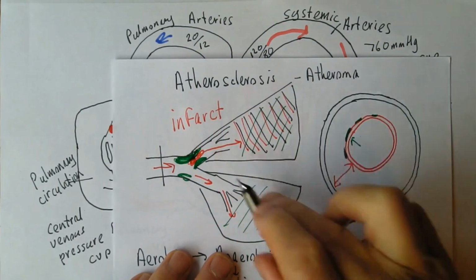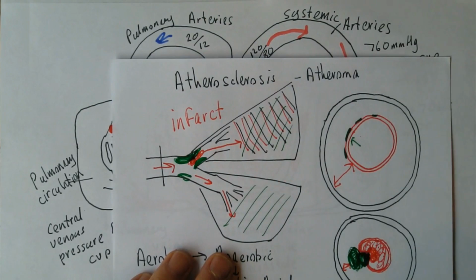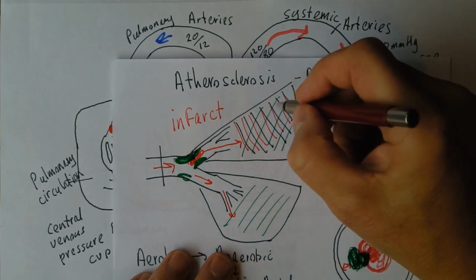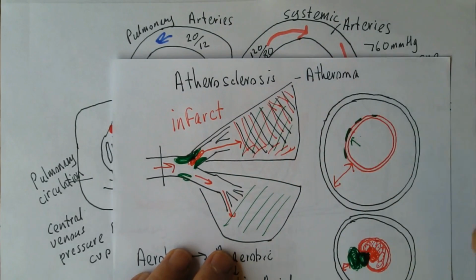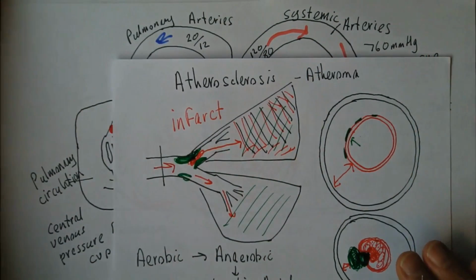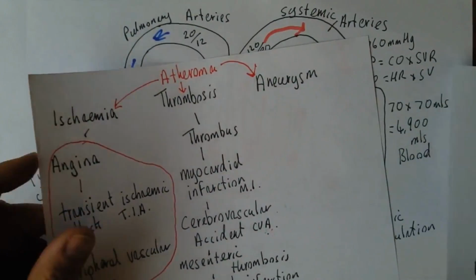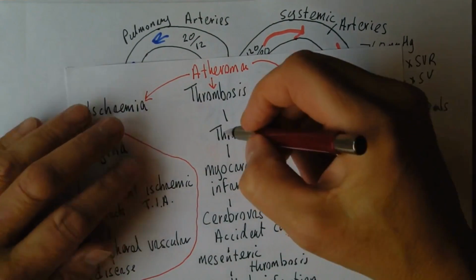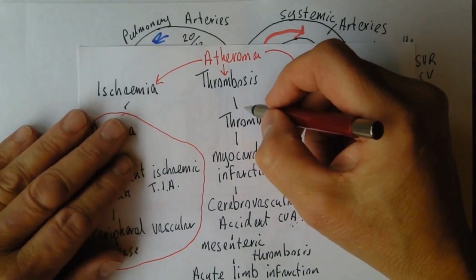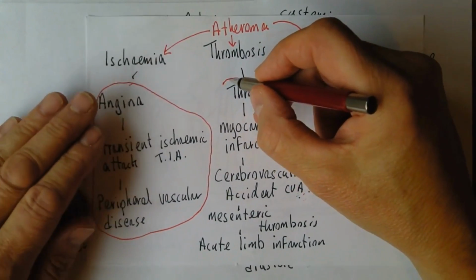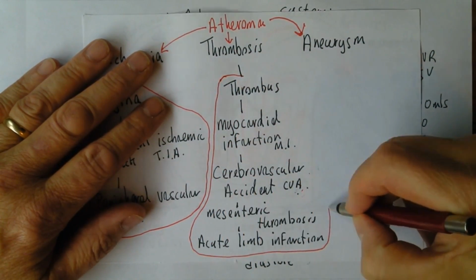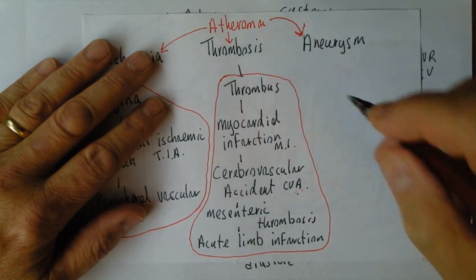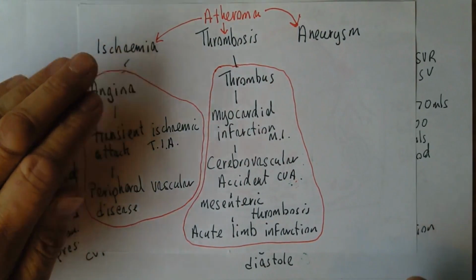An infarction, the area of infarct, that tissue will die, unless you can restore the blood supply very quickly, of course. So these are still complications of atheroma, but this other set caused by the thrombus formation. Another set of complications there.